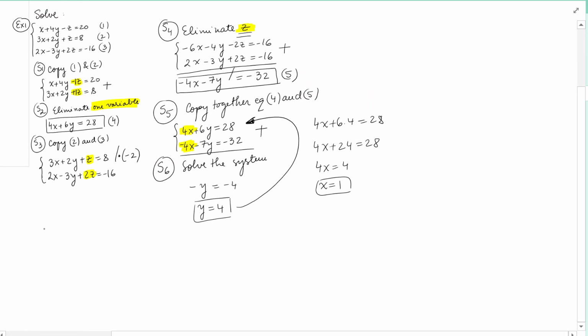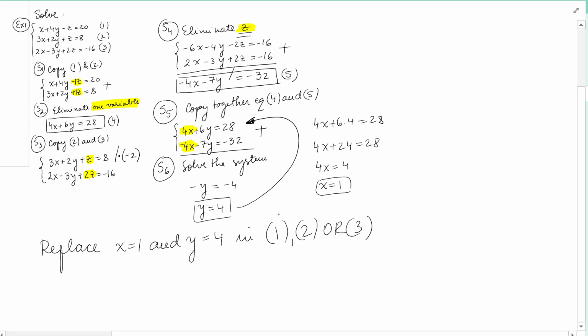It's a lot of work, right? Replace x equals 1 and y equals 4 in any of the three equations, in 1, 2, or 3. You don't have to replace in all of them, just in one of these three equations that we started with.